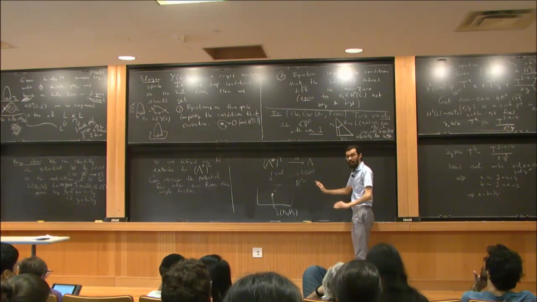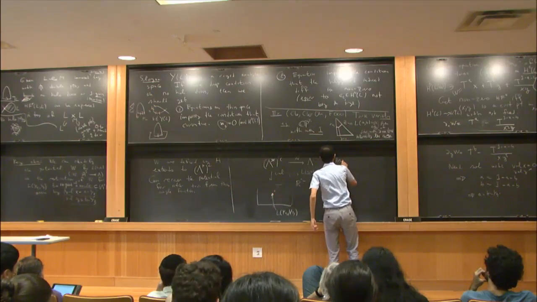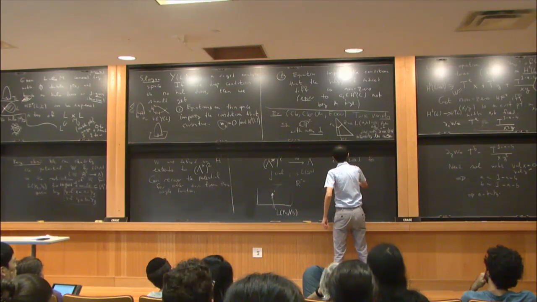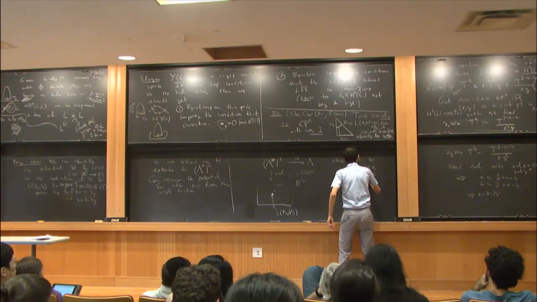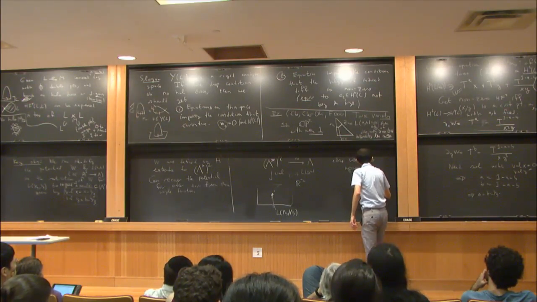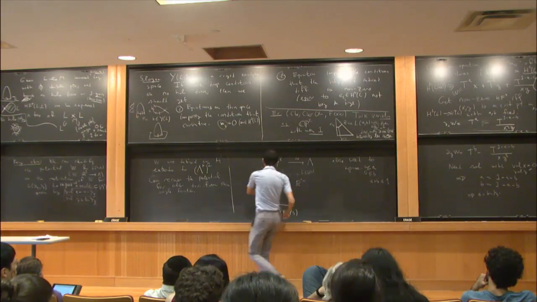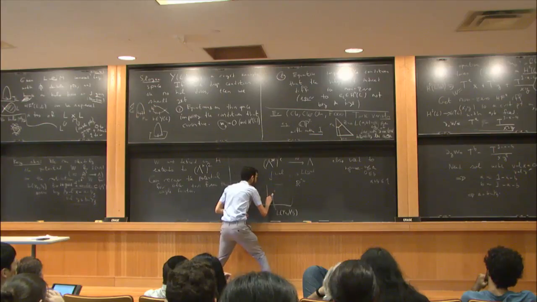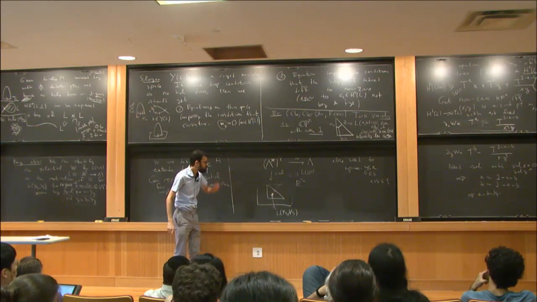This is fine, except for the fact that Paul noted that we also need to impose that A is greater than or equal to 0, B is greater than or equal to 0, and A plus B is less than or equal to 1. If you draw it in this picture, it becomes what you'd expect, something like that. It's the same picture, just a translation.